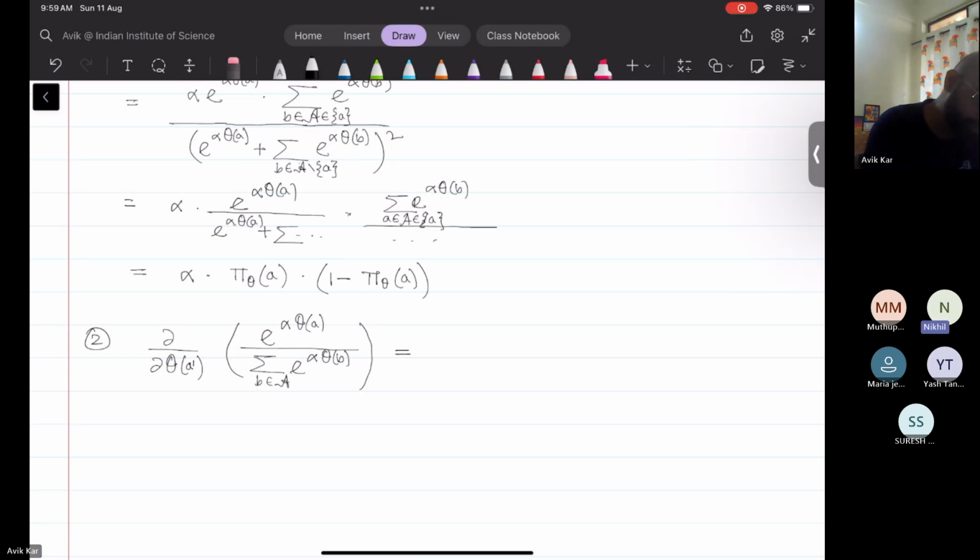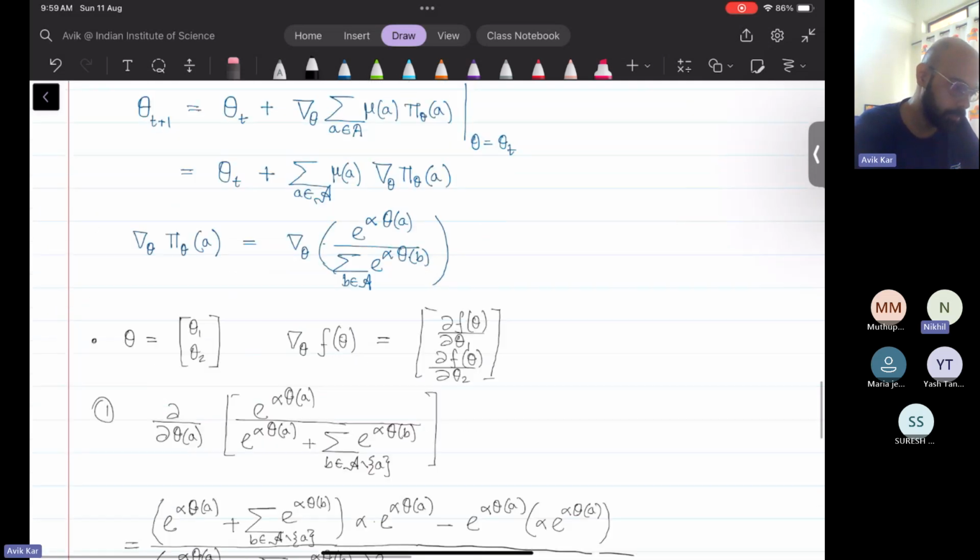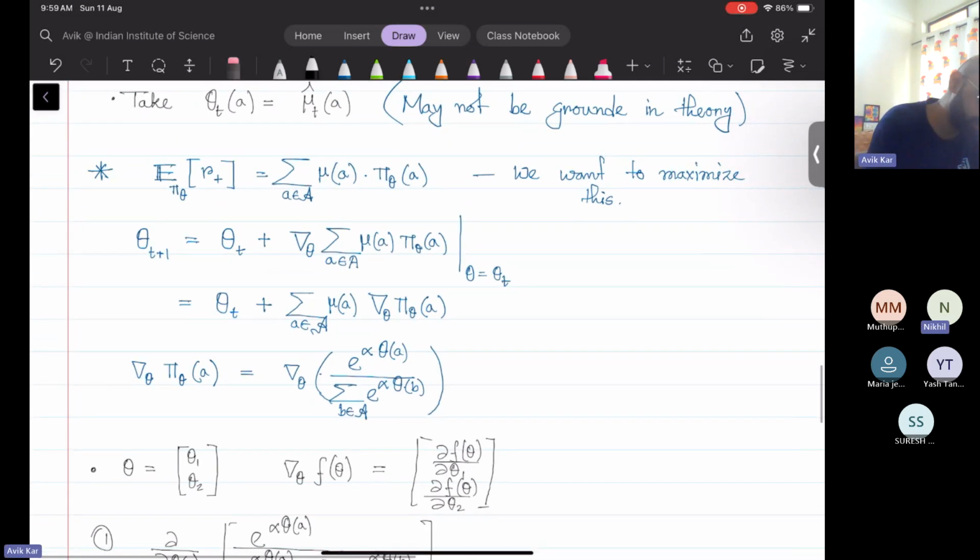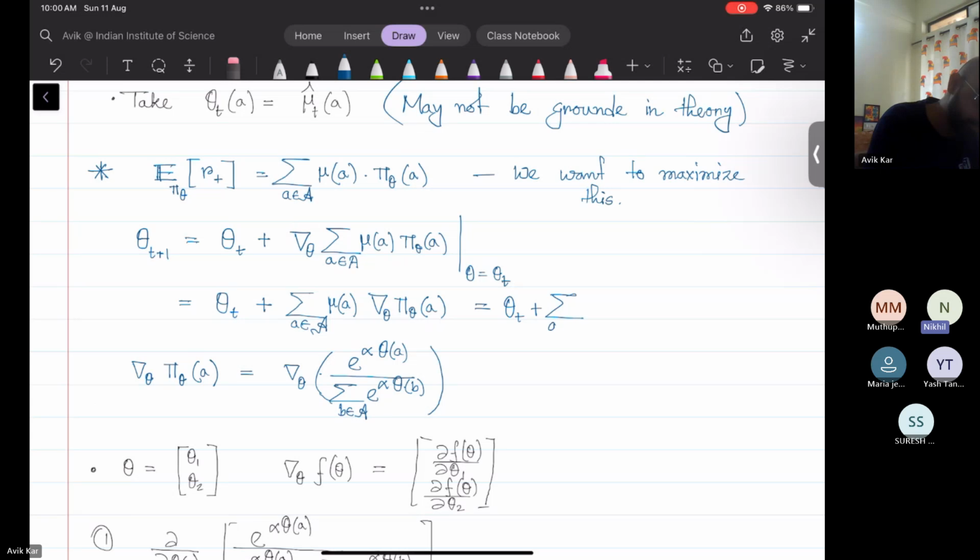So in the class, whatever you have in the brackets over there, they take a ln of that, yes, in the lecture videos. I have understood what you're telling. So this will be theta t plus, you divide it by pi theta a and multiply it again by pi theta a.